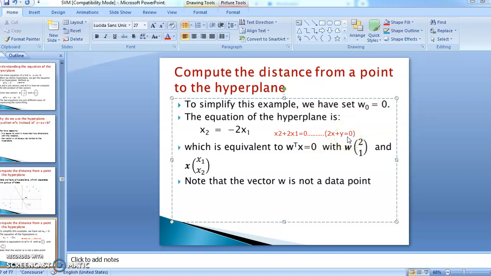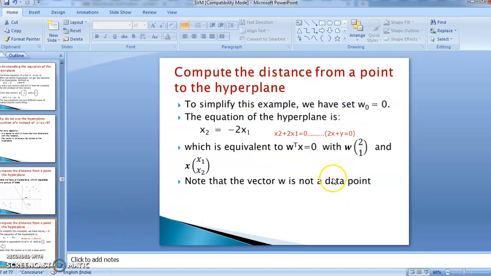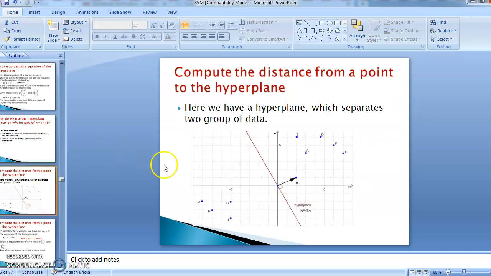As we have seen, the optimal hyperplane equation is nothing but the dot product of two different vectors, w and x. So how can you find the vector w, and after that we will find its magnitude and direction. Just simplify this equation of the hyperplane: you get the x coefficient as 2 and the y coefficient as 1. If you plot this point, then you will find this vector w here.